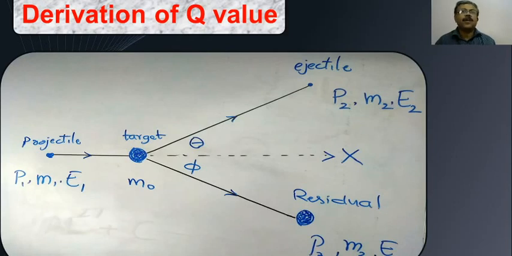In the same way, let us consider the projectile moving in a direction making an angle theta with the initial direction. Let m2 be the mass of the projectile, p2 its momentum, e2 its kinetic energy. On the same lines, let m3 be the mass of the residual nucleus, p3 its momentum and e3 its kinetic energy.